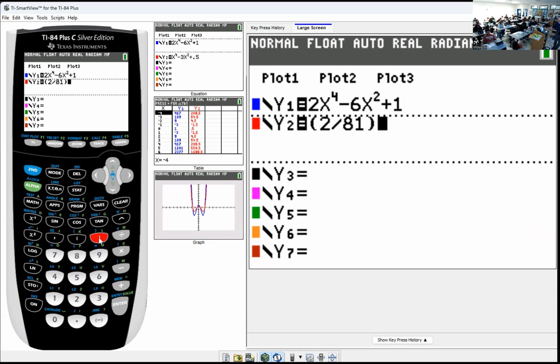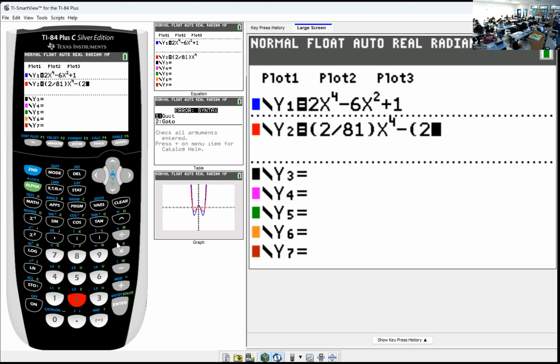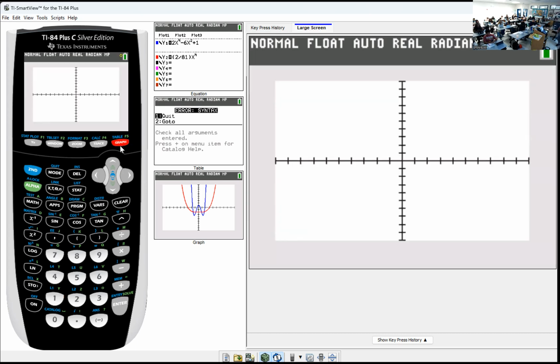You don't have to, but it makes sure that I did it right. x to the fourth minus 2/3 x squared, and then I've got plus 1. And I would expect this W to be 3 times wider than the blue W.